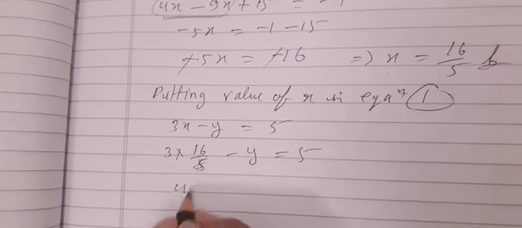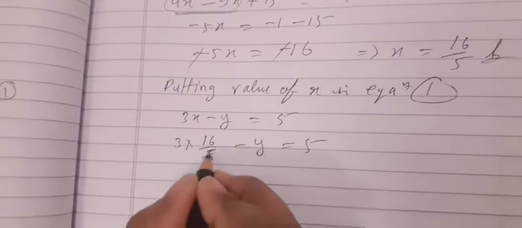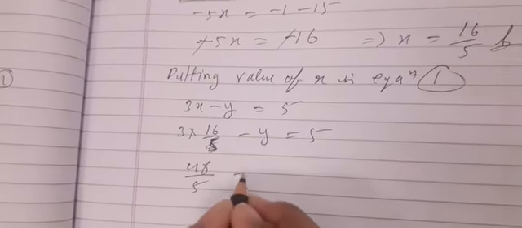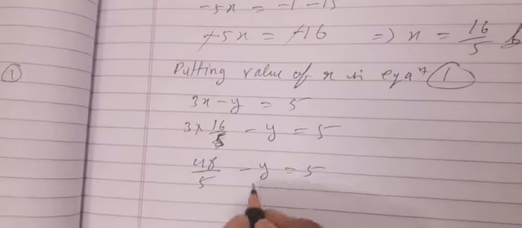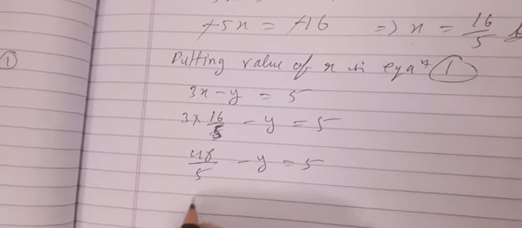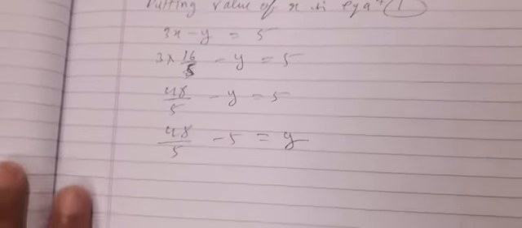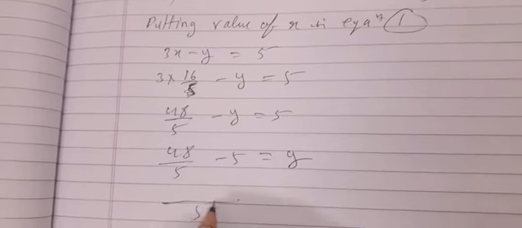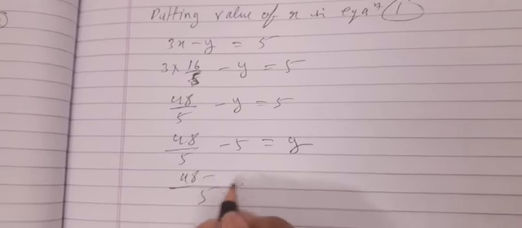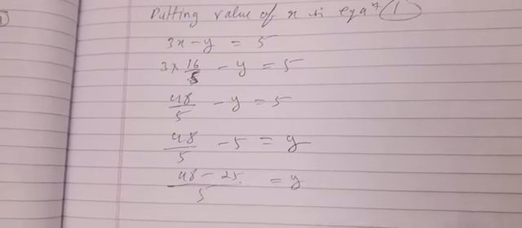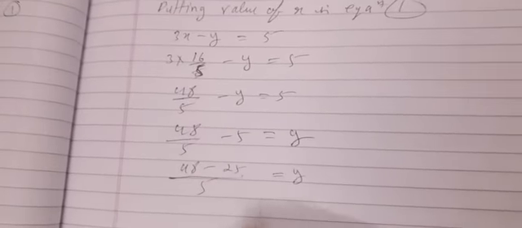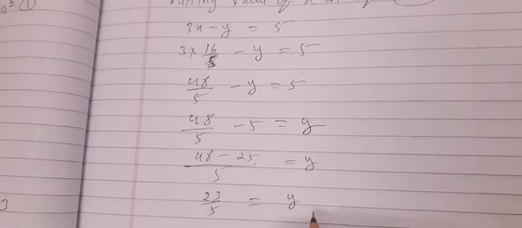So 16 times 3 is 48 upon 5, minus y is equal to 5. Now I will shift y to the RHS and 5 to the LHS. So 48 by 5 minus 5 is equal to y. Then the LCM is 5, 48 minus 5 times 5, which is 25, is equal to y. Then here is 23 by 5. That is the value of y.